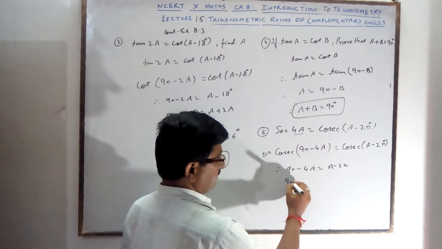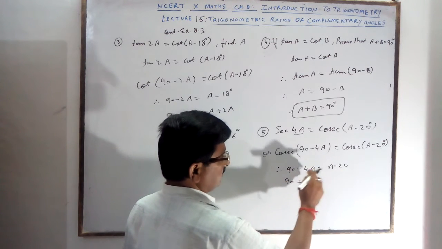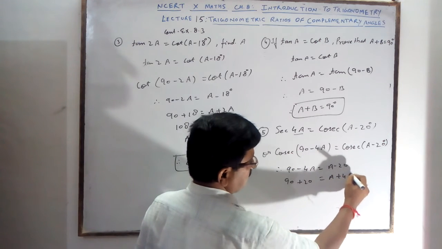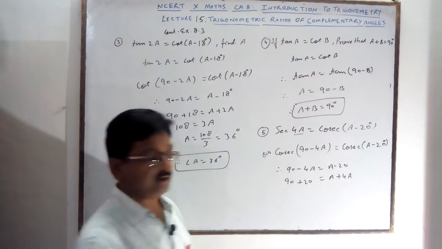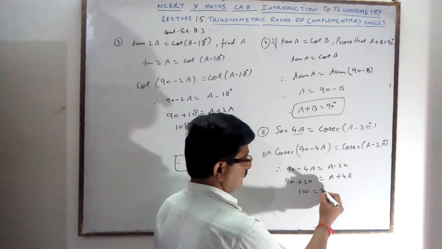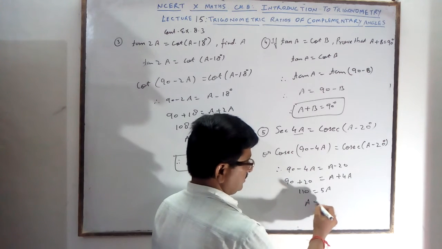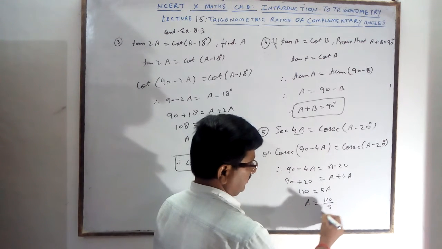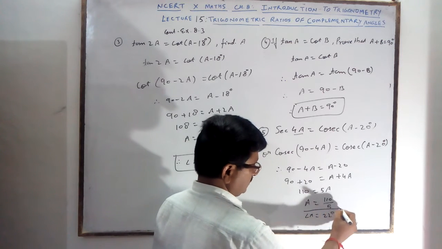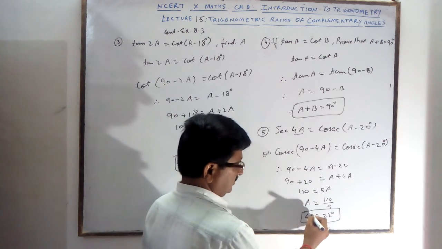Transpose, 90 plus 20. This minus 4A will go that side, A plus 4A. What are you getting? 9 plus 2, 11. 110 is equal to 5A. Then angle A is equal to 110 by 5. What are you getting? Angle A is 22 degree. It is your answer.